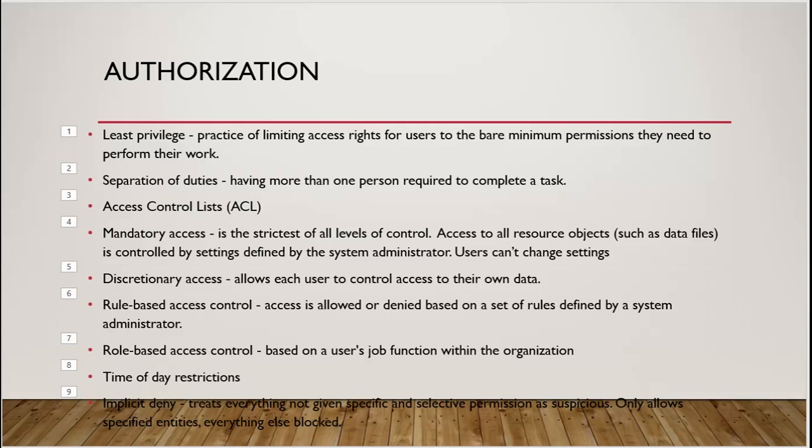So mandatory access says that the settings have already been defined by a systems administrator centrally, and you as the user cannot change those settings. There's a similarity between mandatory access and role-based access control, which we shall look at a little bit later.